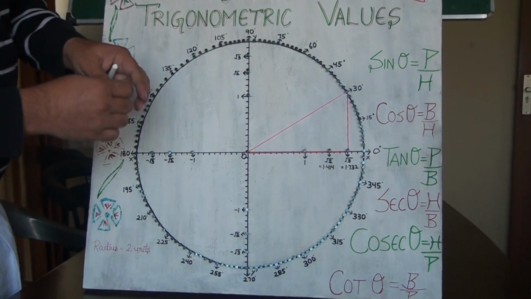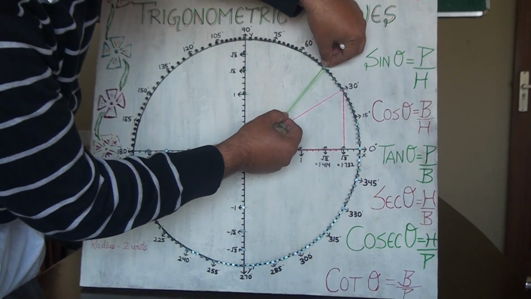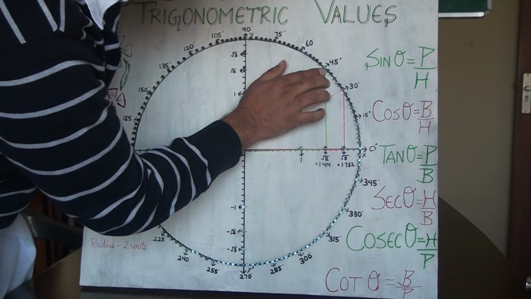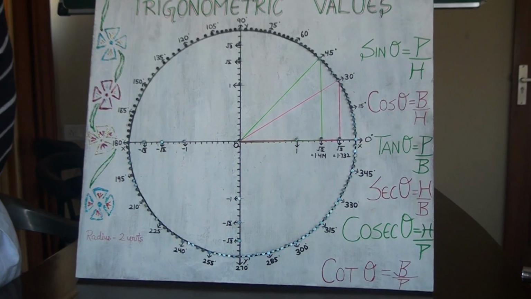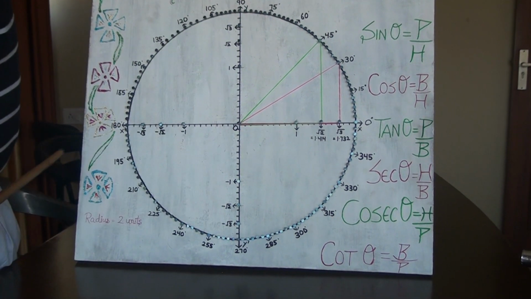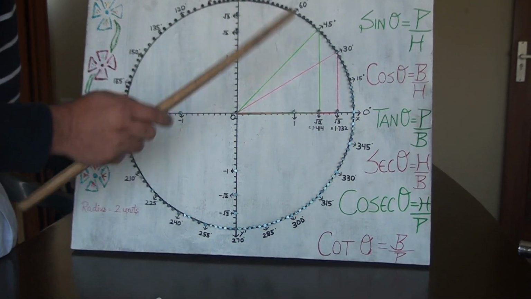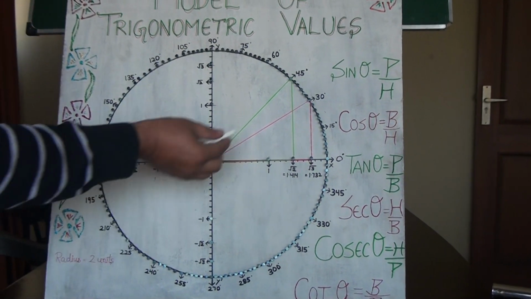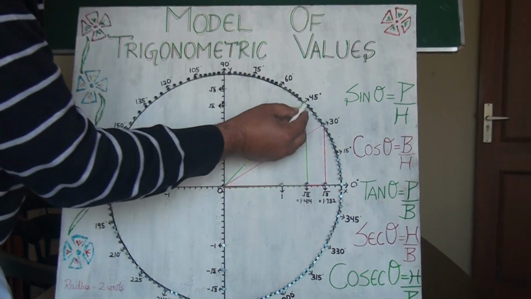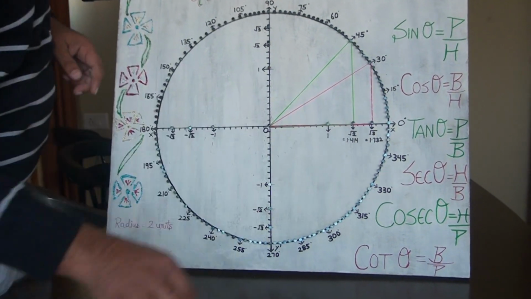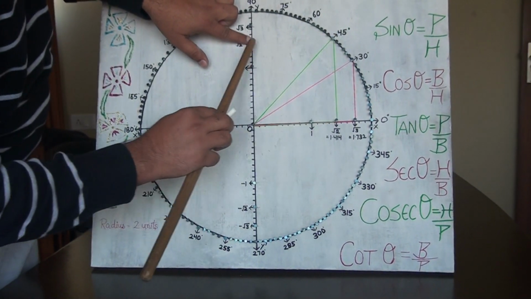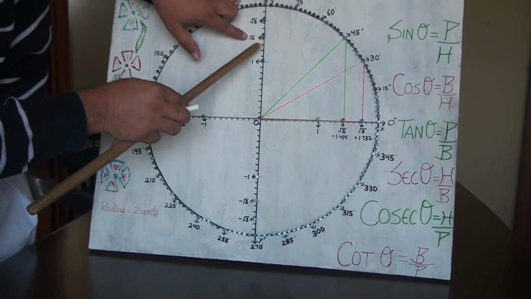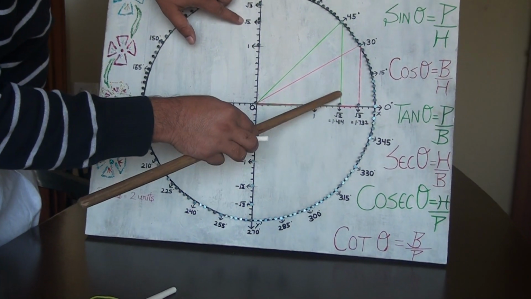Next, the angle is 45 degrees. We mark it with a rubber band. Now we find the value of sine 45 degrees. Sine is perpendicular over hypotenuse. The perpendicular is parallel to the y-axis and is equal to root 2.